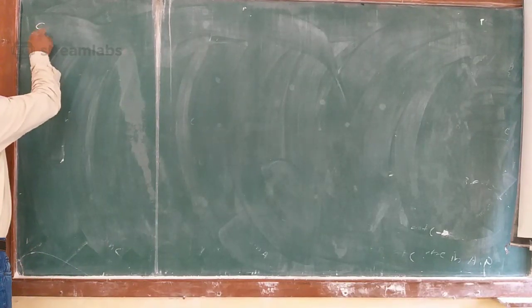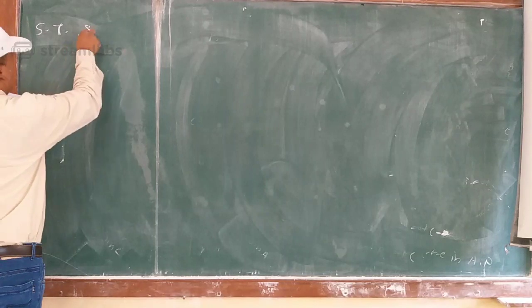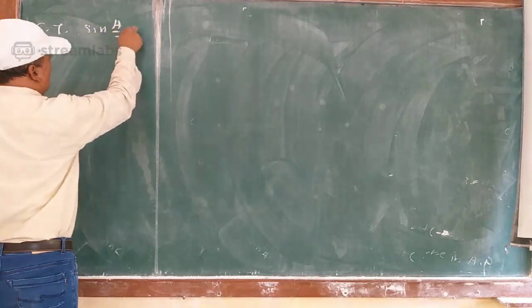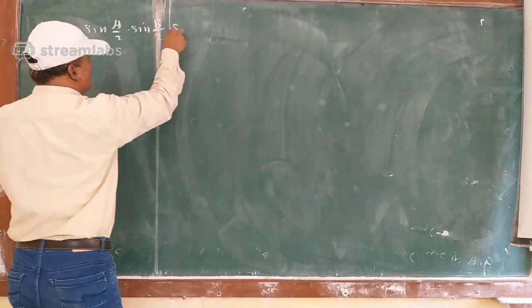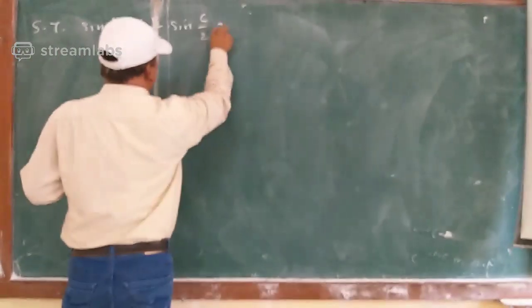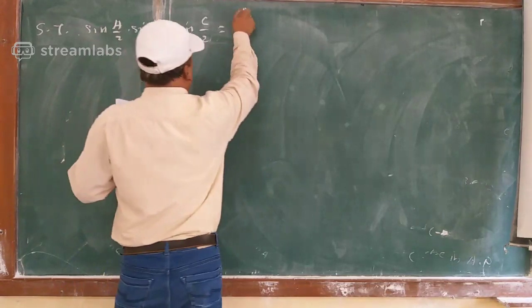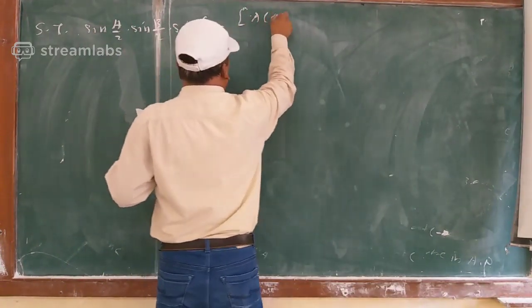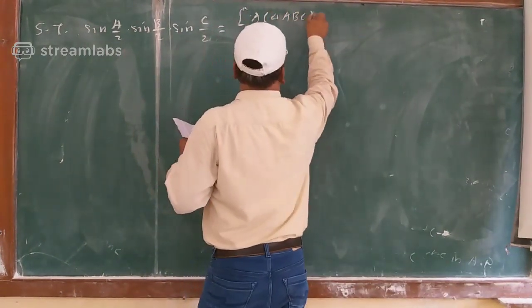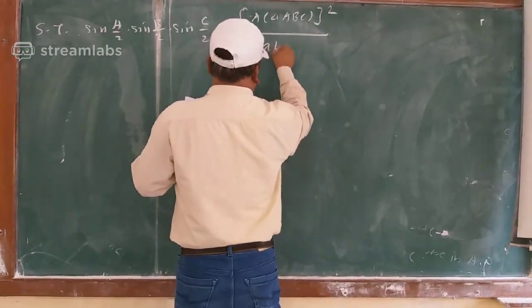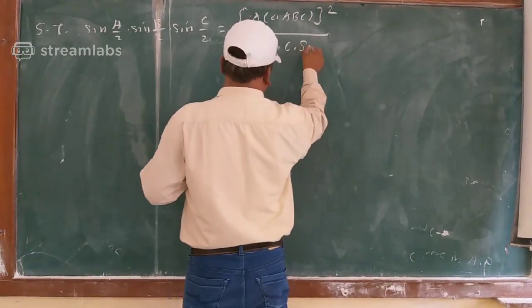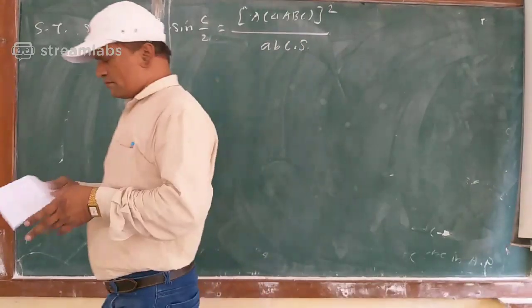Prove that, or show that, sine A by 2 into sine B by 2 into sine C by 2 equals area of triangle ABC square upon ABCS, where S means semi-perimeter.